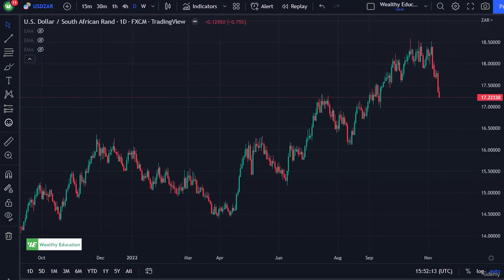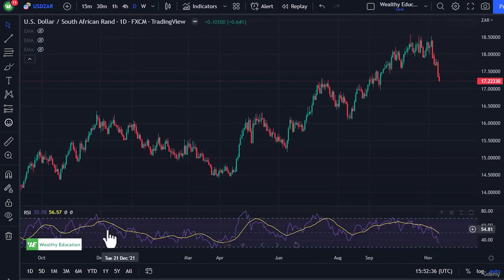There are indicators that people will use. There's a couple of really common ones called MACD, moving average convergence divergence, and the RSI, which is relative strength index. Let's put on the relative strength index.